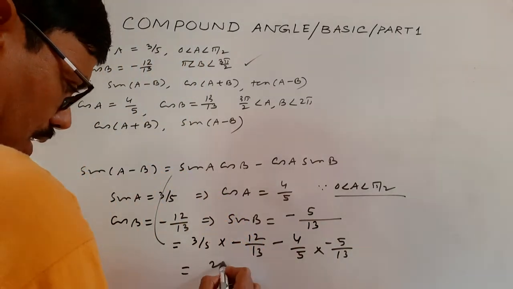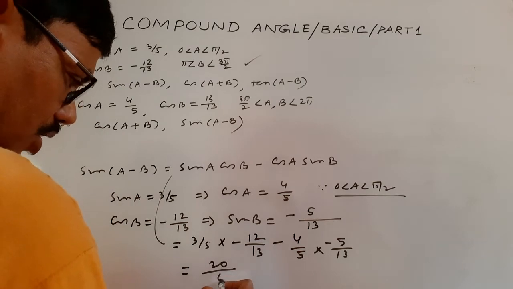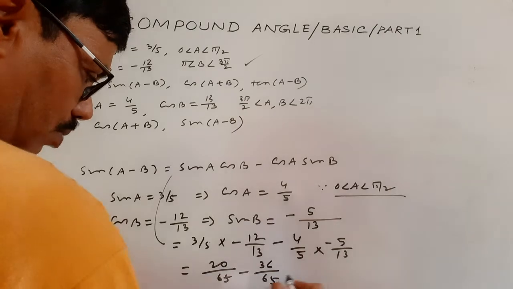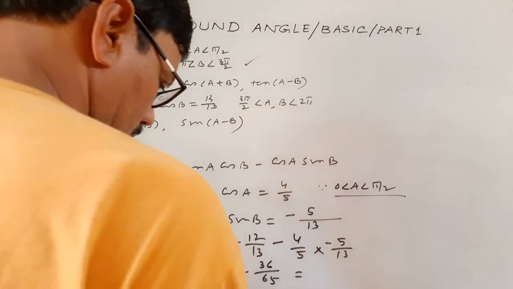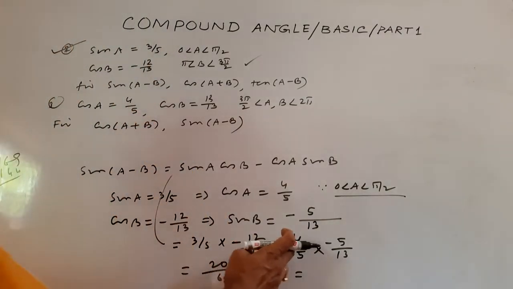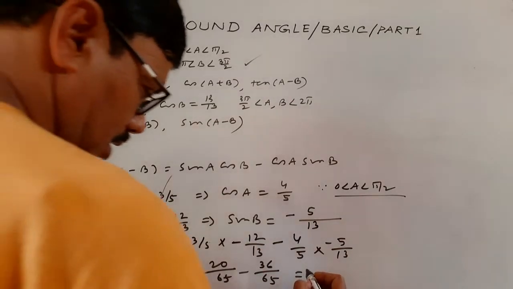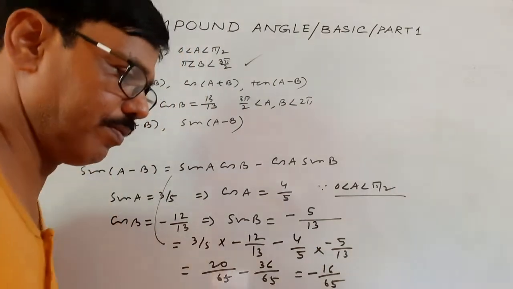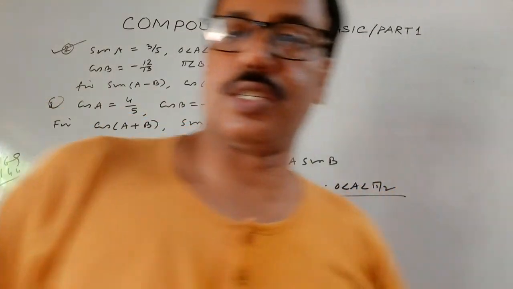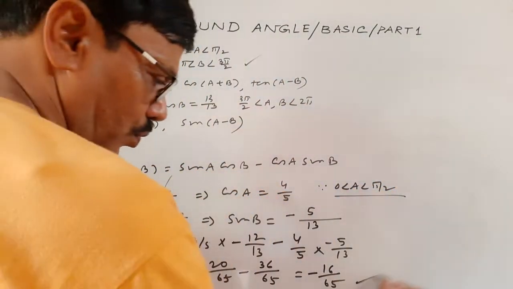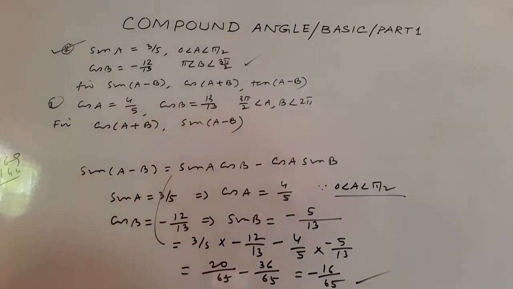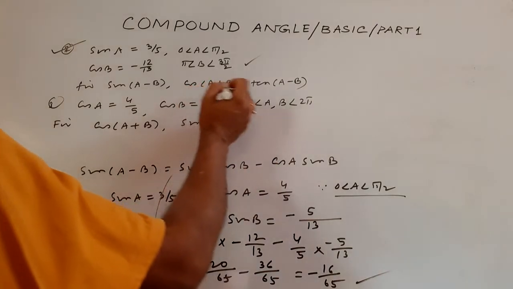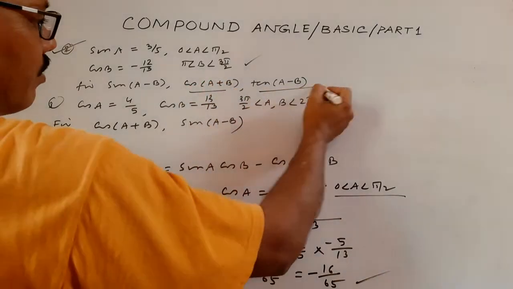So minus 36 by 65, and this is positive 20 by 65. So 20 minus 36 gives minus 16 by 65. Minus 16 by 65. So this is sin(A minus B).